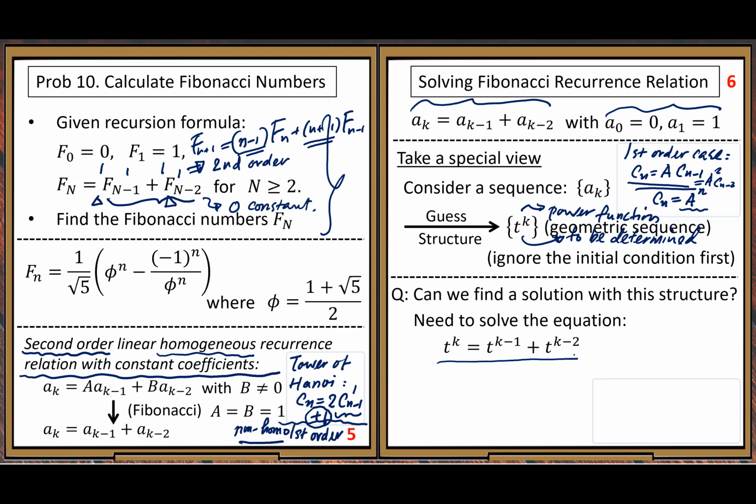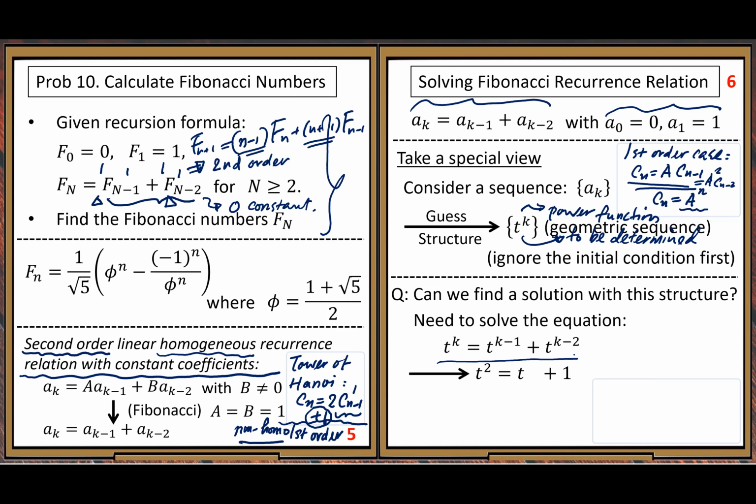But the exponent part is not that easy. K is unknown. Can we simplify it? Can we make this equation as simple as possible by cancellation? We can do some cancellation.